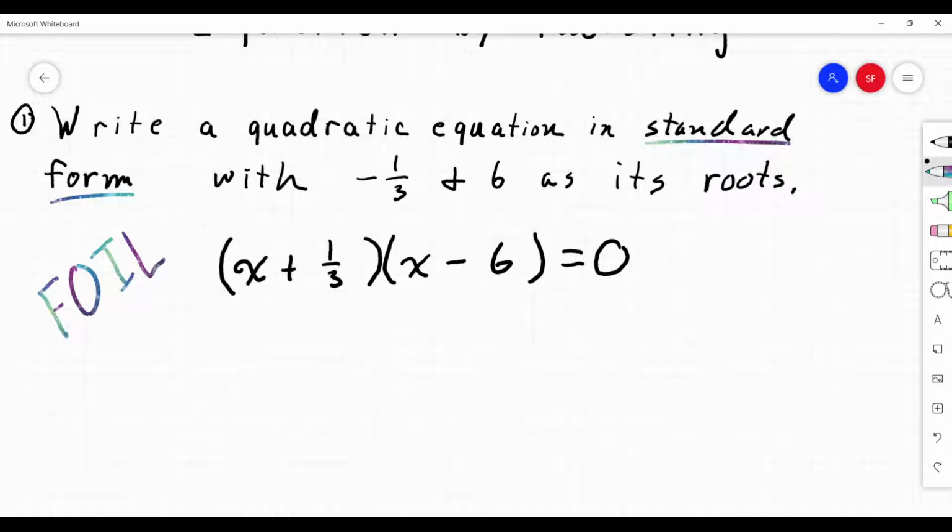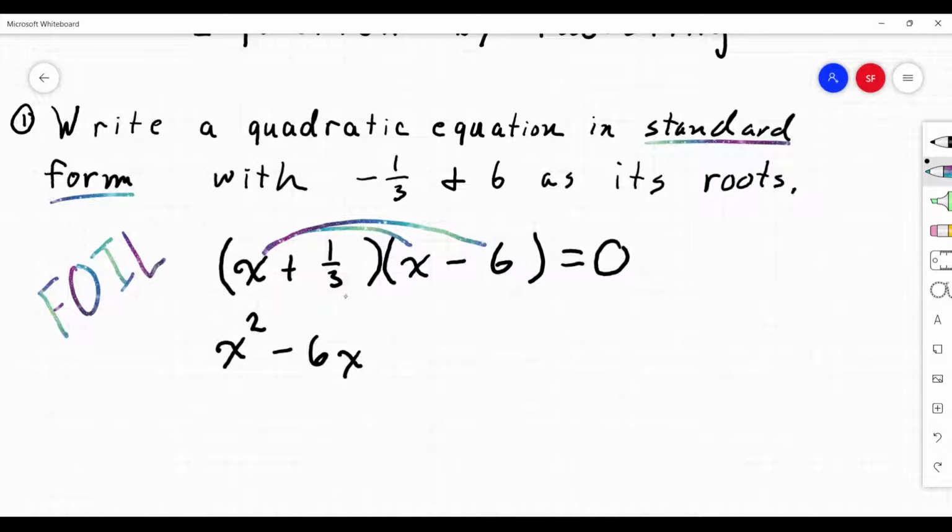Either way works. Right. So we're going to do the first times the first. So x times x, which gives us what? X squared. And then we're going to do the outside. So x times negative 6, which gives us negative 6x.